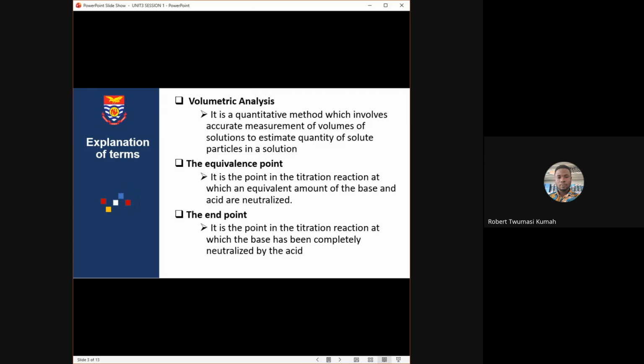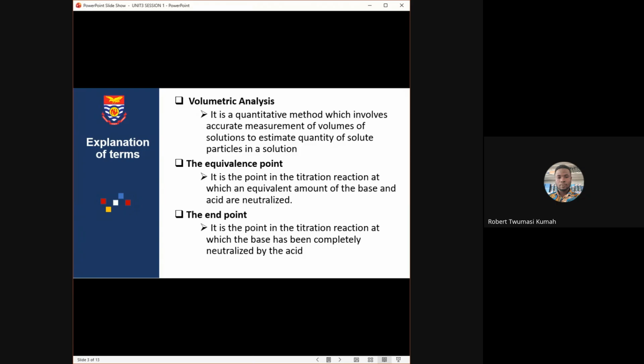So a way that you can see is to rely on something called the endpoint. At least that one gives us something physical that is not chemical. It happens physically, so we can know that at least there is an equivalence point. So what is an endpoint? It is a point in the titration reaction at which the base has been completely neutralized by the acid.